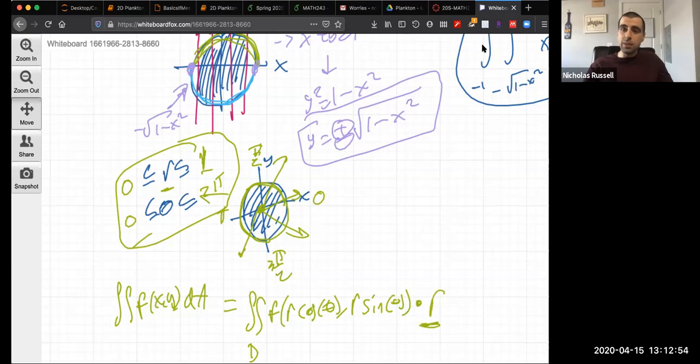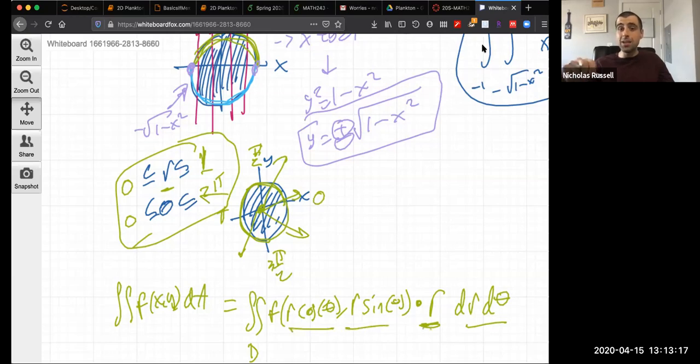This now allows me the polar coordinate shift, in dr d theta. You can go in any direction you want. Usually you'll do r first and then theta, because r will sometimes be dependent on theta. Theta will very rarely be dependent on r. That would be kind of brutal in a lot of problems. So the big things to remember: x becomes this, y becomes this, dA becomes that.